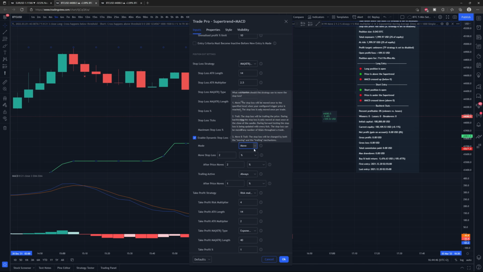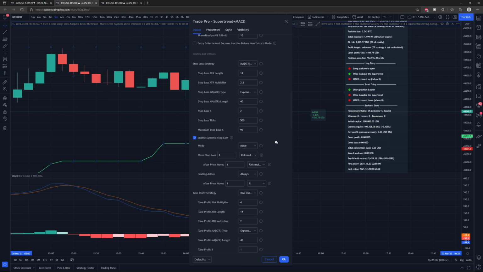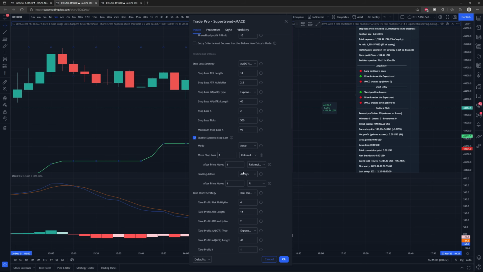So for instance, if you want this to move the stop loss 1 times your risk, once the price has moved 1 times the risk in your favor. So essentially you can move the stop loss to break even once price has gone 1 times your risk in your trade's favor. It will do that for you.